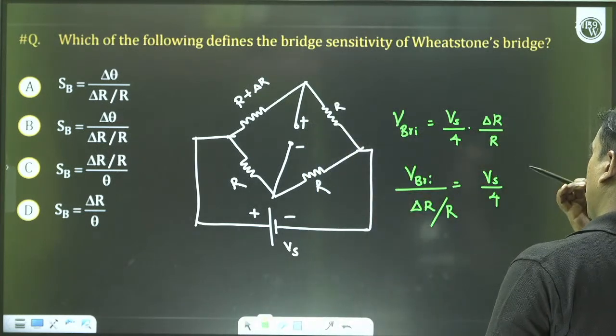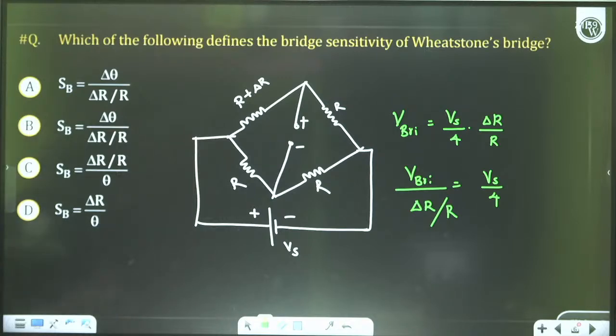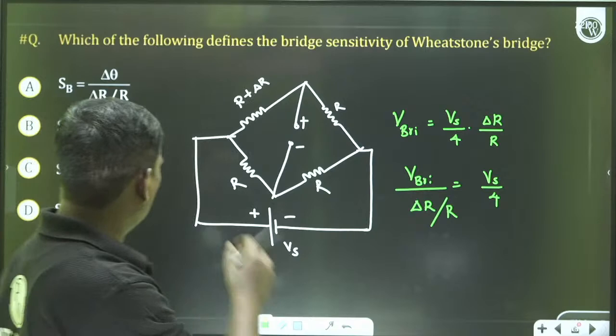Actually it should be delta theta by delta R. Both options are given the same here.